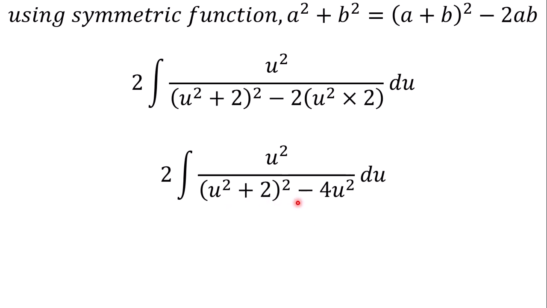We are going to rewrite this one using difference of two squares. When we have something like a squared minus b squared and we want to factorize it from difference of two squares, it is going to be a plus b multiplied by a minus b.